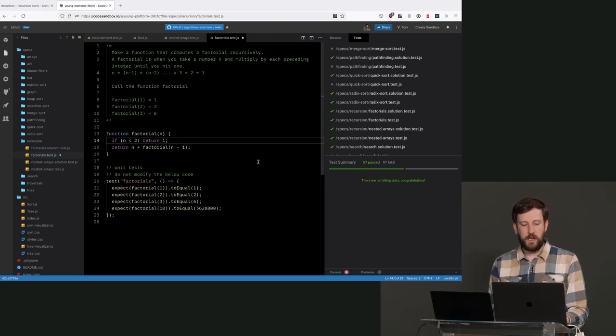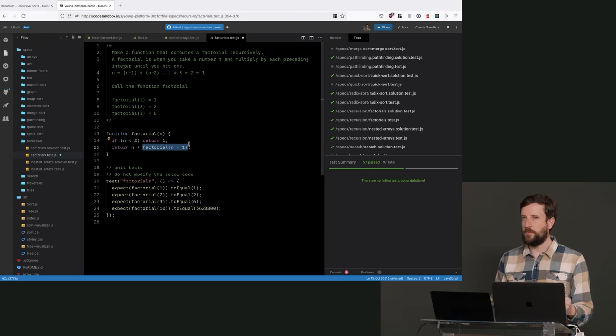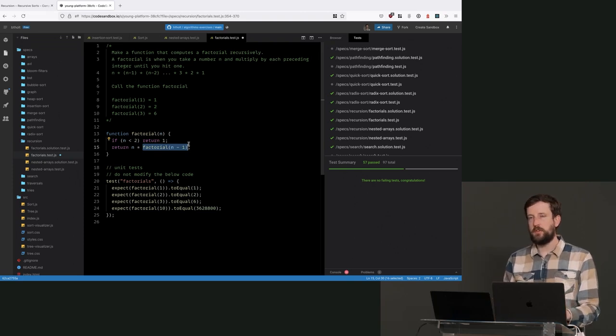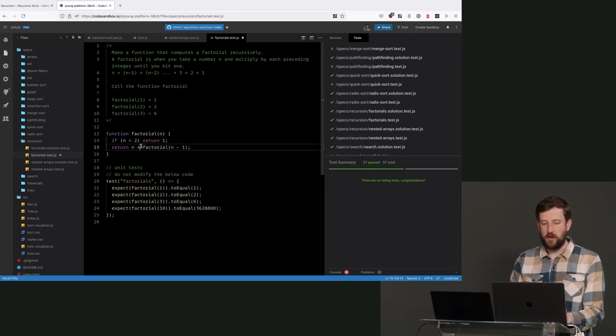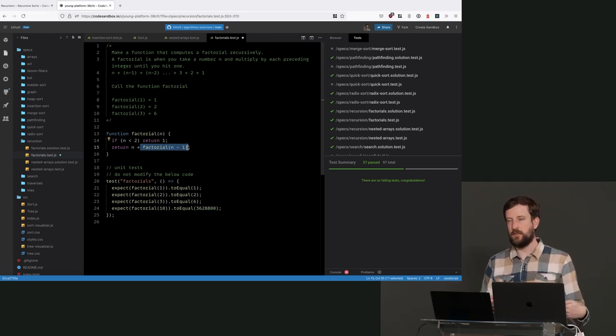The other thing that helps me is when I'm writing this factorial function here on line 15, it's kind of hard to accept that that's going to return the right thing because I haven't necessarily completed writing it yet. But what you need to do is think, okay, if I call factorial of n minus 1, I need to assume that what comes back from that is correct. So before you have finished writing the function, assume that it's going to give you back correct output.